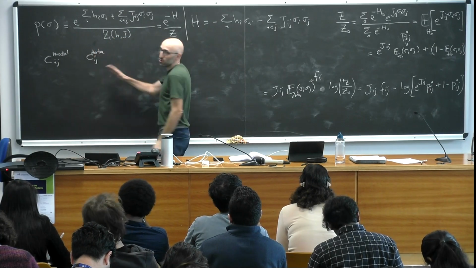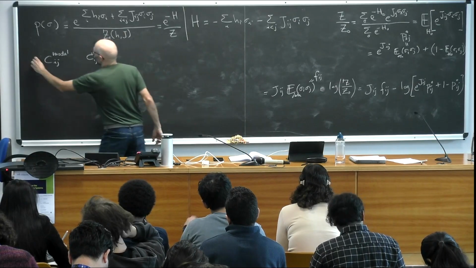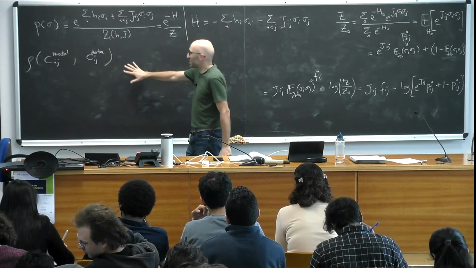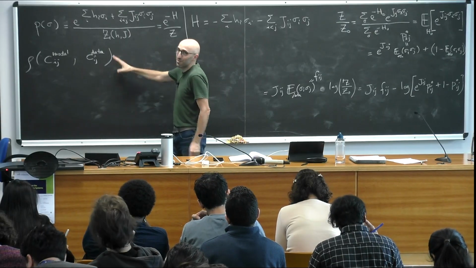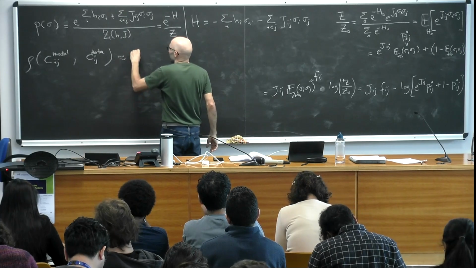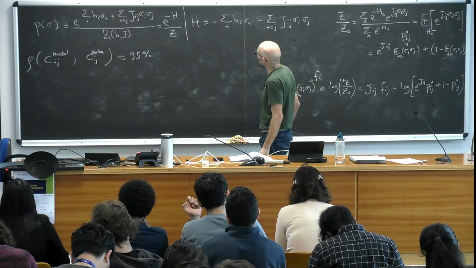So you have L squared over 2 correlations. You can do a Pearson correlation of this. And when it reaches something like 95%, we consider the model to be good. This is just based on our experience.